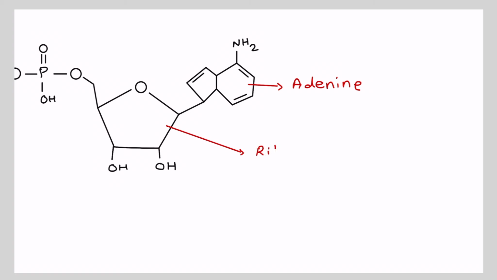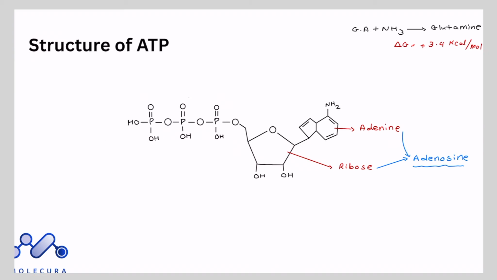This is our ribose. So when adenine and ribose get attached to each other, we're going to have a structure that we call adenosine. So adenosine is basically adenine as a nitrogenous base attached to a ribose. Now, this is the first part of our ATP molecule.